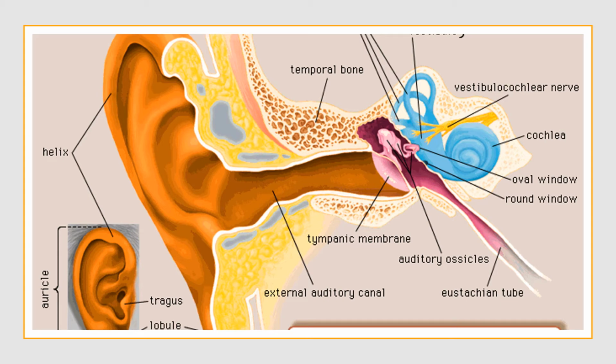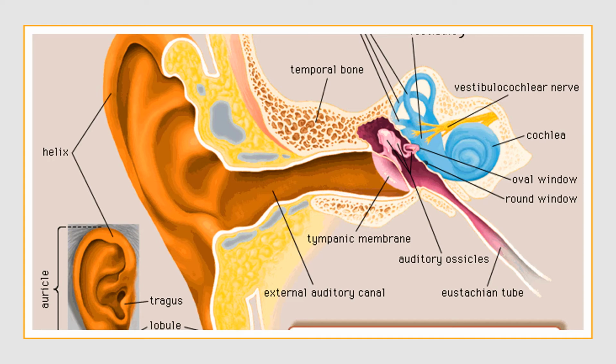You can see that the outer ear, which is the helix, well, first of all, it's all made up of cartilage, and that little cartilage piece at the front called the tragus, that'll be important when we're talking about putting in drops. We'll come to that in a minute.